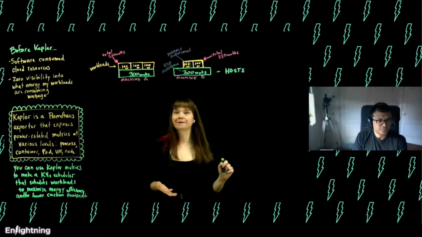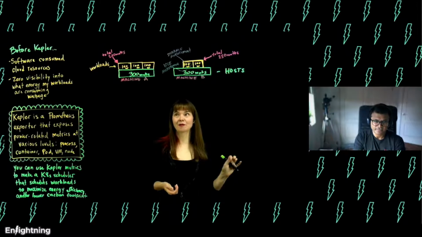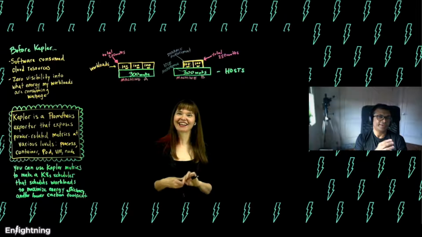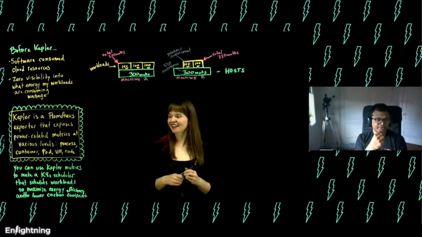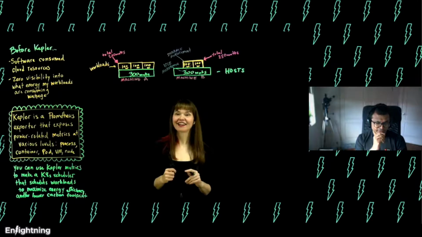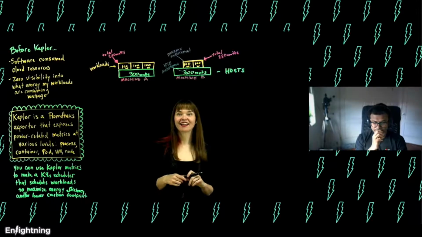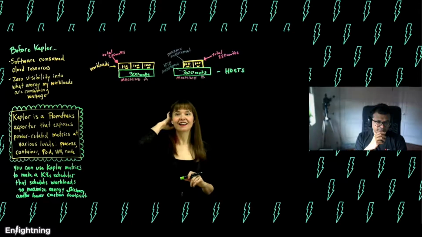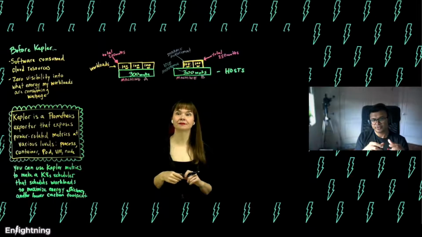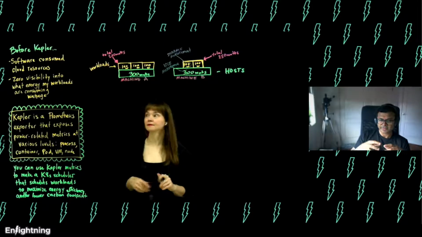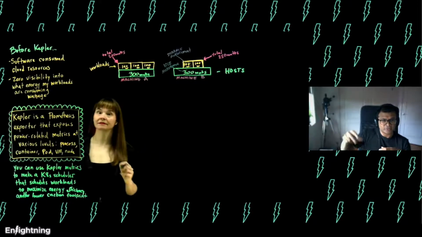So, I know you've kind of told me how it works, but can we talk more about how it works? Yeah. One thing we have left out is what Kepler provides in public cloud, where you are not running on bare metal, you're using a VM, a virtual machine. You don't have access to power meters, so you can't read how much power is being consumed, because that's one way to spy on other workloads on the same machine.